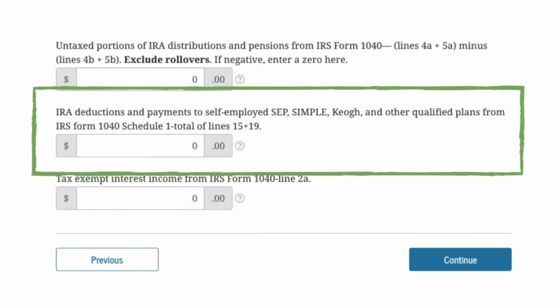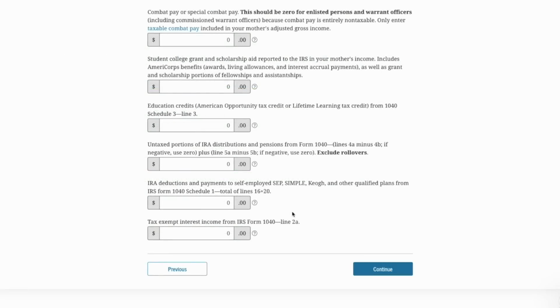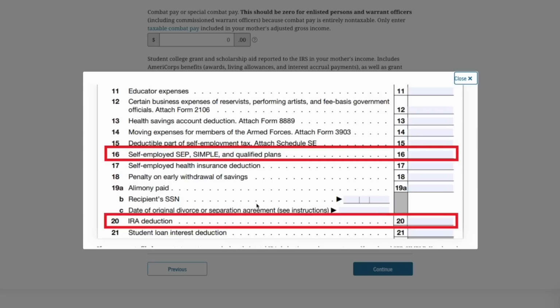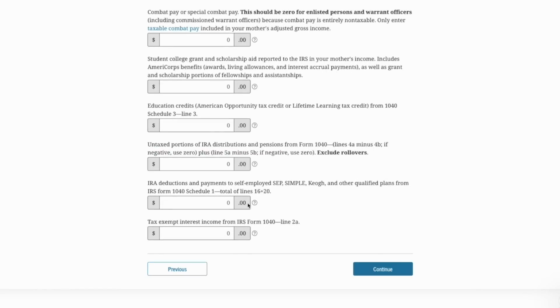The fifth question asks about IRA deductions and payments to self-employment. So this would be one where if your parents did Schedule 1 of the 1040, you can simply look at lines 16 and 20 to see if there are values there. If there are values in both, you add them together and put the number here.